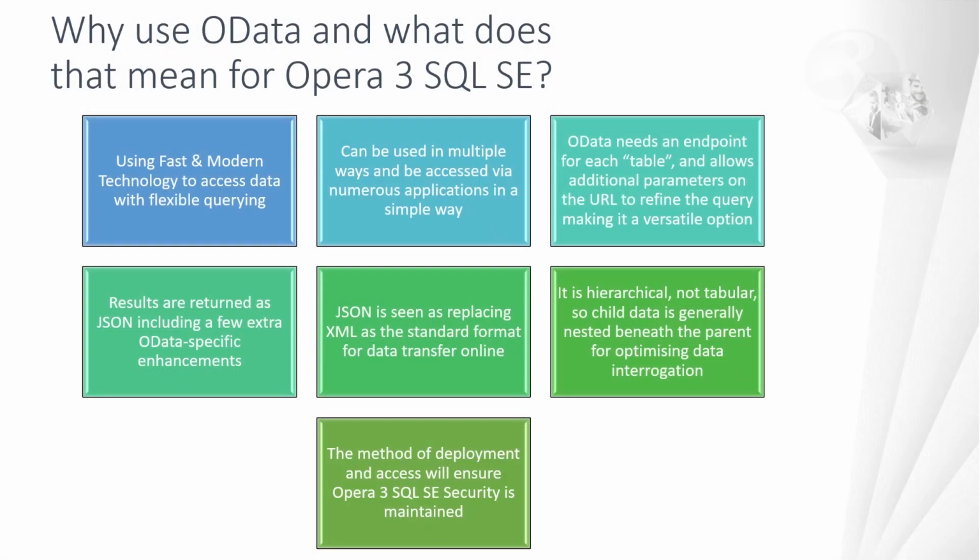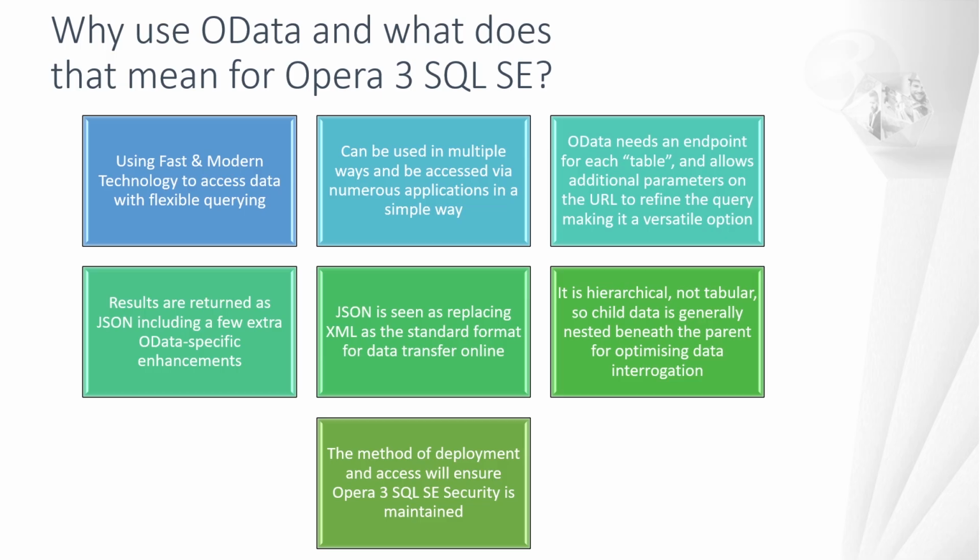So why use OData, and what does that really mean for Opera 3 SQL SE? Well, it's using fast and modern technology to access data and has flexible querying. This can be used in multiple ways and can be accessed via numerous applications in a very simple manner. OData needs an endpoint for each table and allows additional parameters on the URL to refine the query, making it a very versatile option.